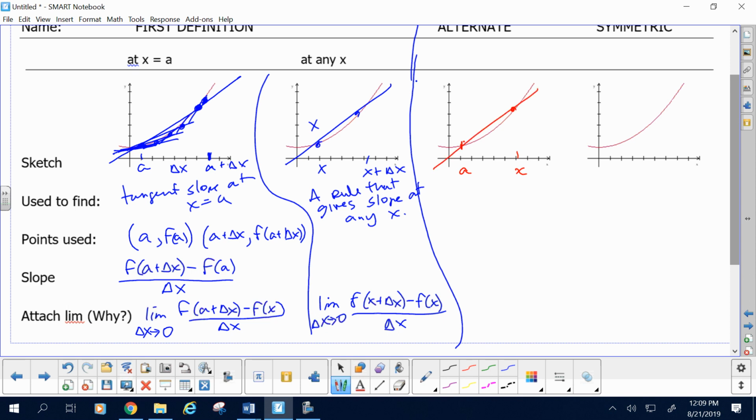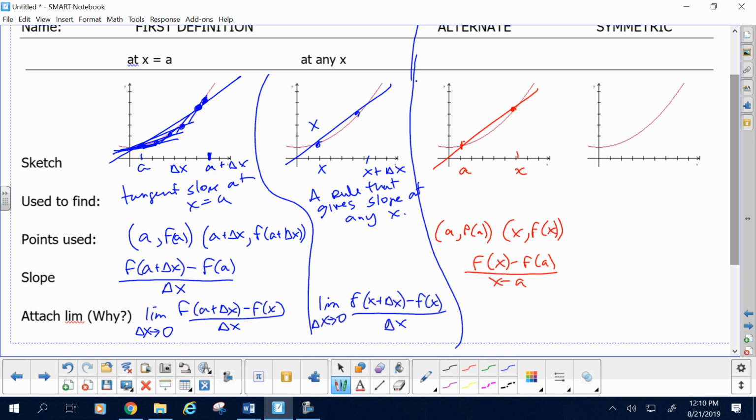Therefore, the points would be a and f at a, and x and f at x. And the slope would be something like f at x minus f at a over x minus a. That accomplishes the slope between 2 points. But again, the whole idea of a derivative is the slope at a point. And we do that by getting the points close together.